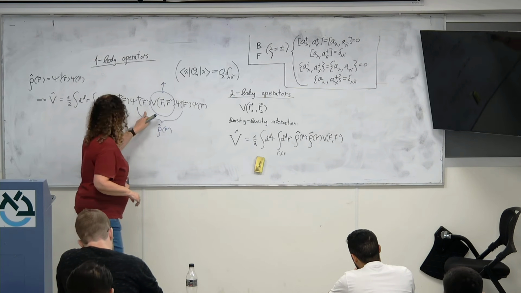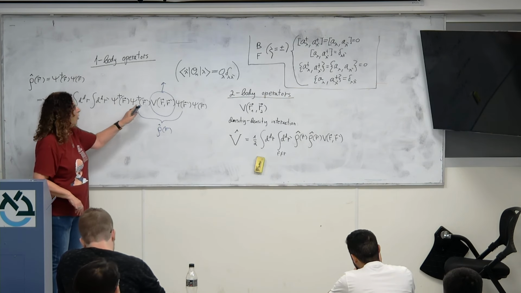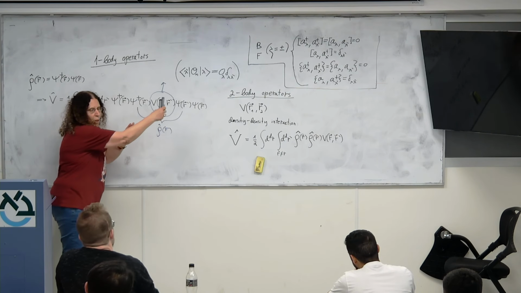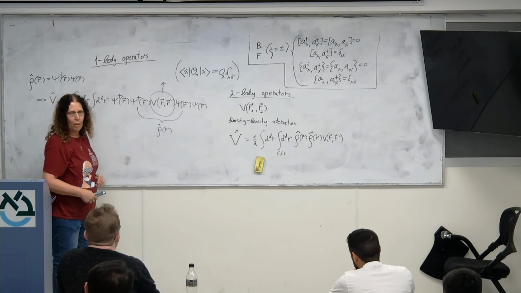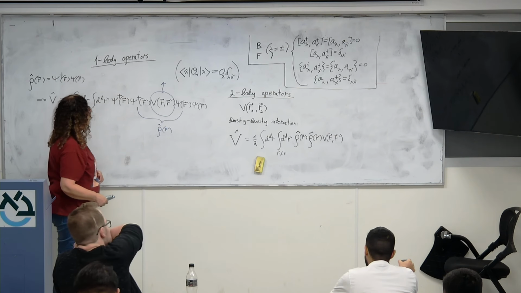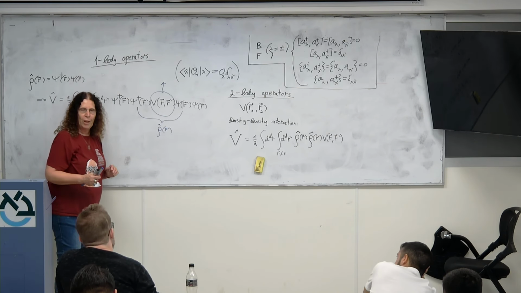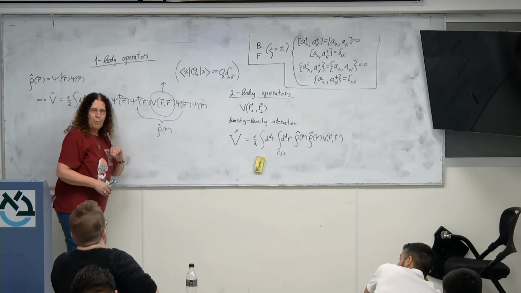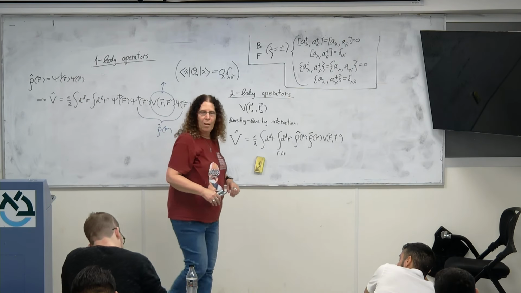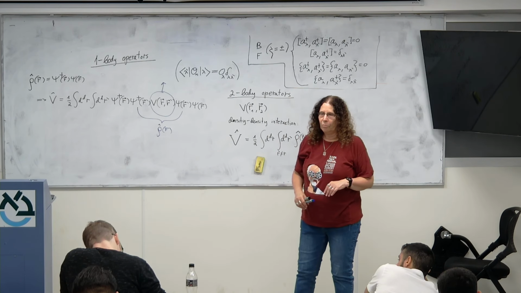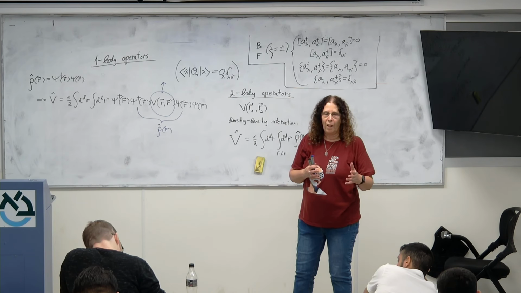I'm claiming that for our purposes, we can always write it like this, because the correction that we get from the commutator is going to be something that will just give us a shift of the energy or some reference state that is not playing a role in the interaction.